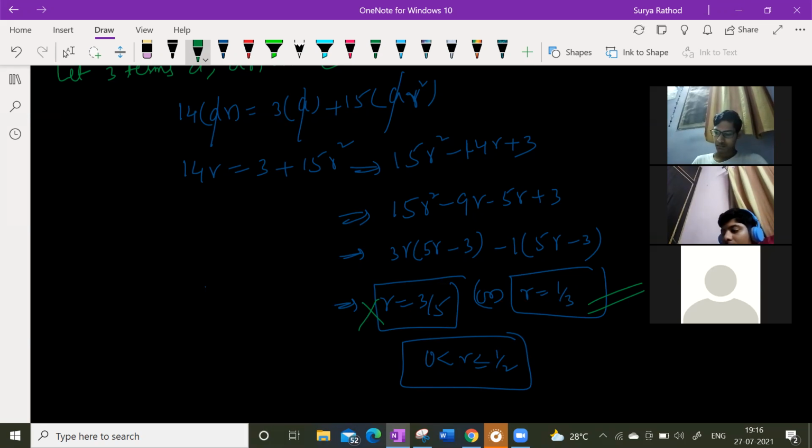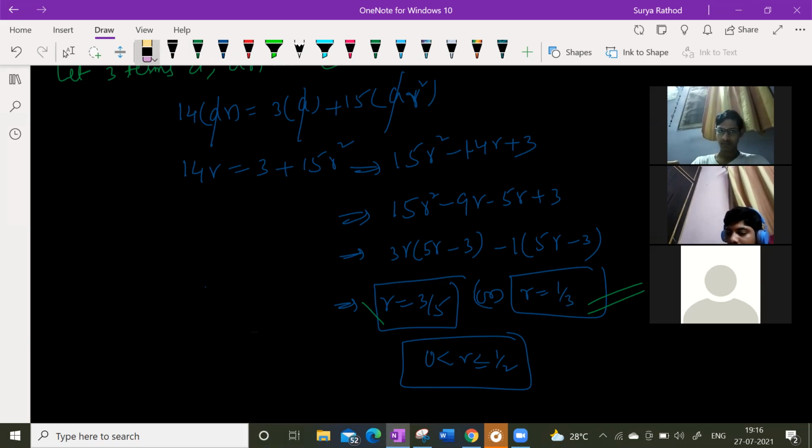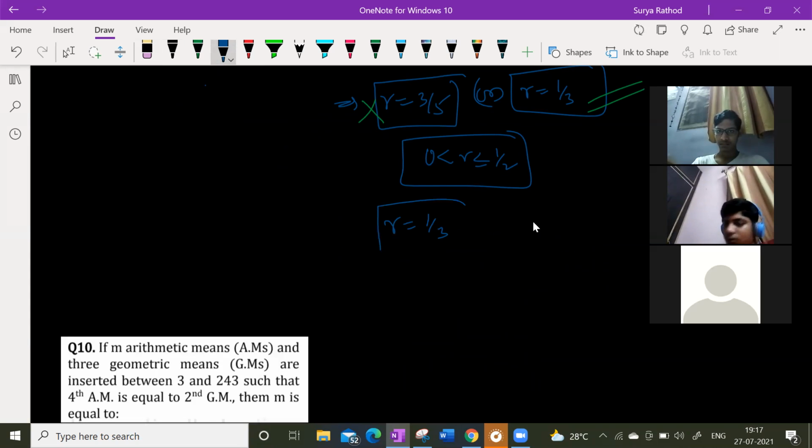R equal to 0.6, we are getting here, it cannot be. Maximum it could be half only. 0.33 is possible. So R is equal to 1 by 3.